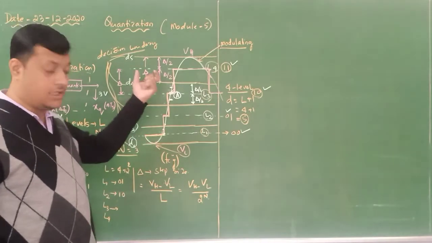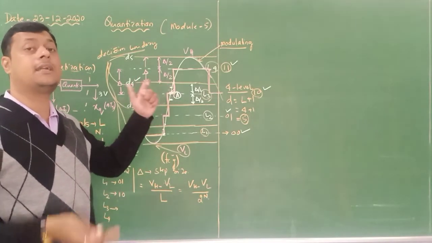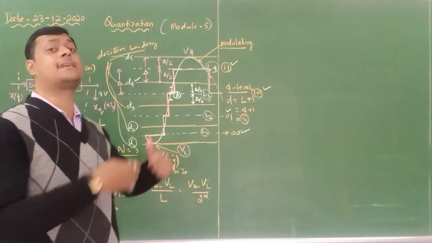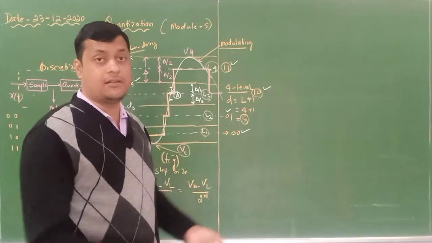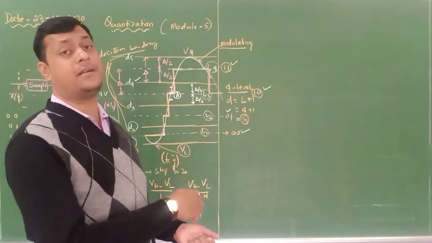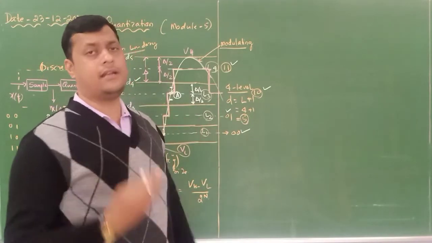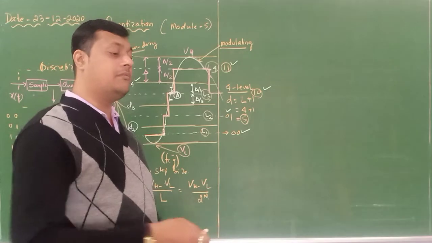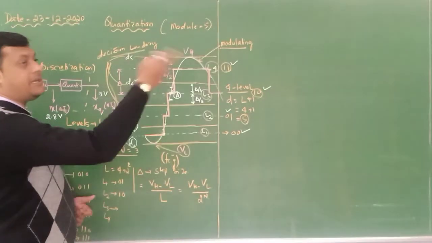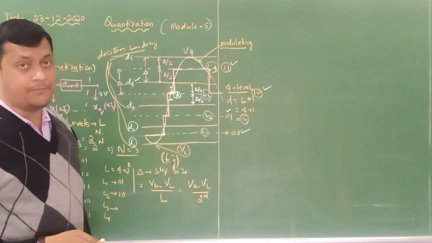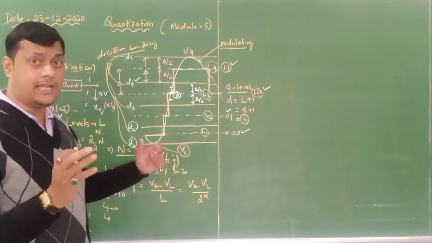According to the quantizer, it will see which particular level 3 volt is assigned to, and assign the binary bits depending upon the number of levels. If the number of levels is 8, then automatically this 3 will be assigned a particular binary code and it will be encoded by the encoder.